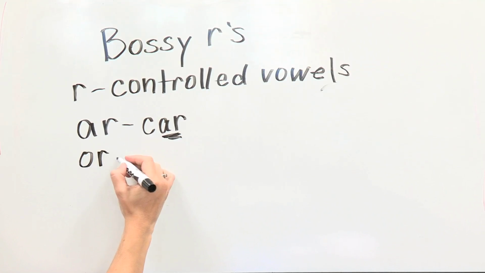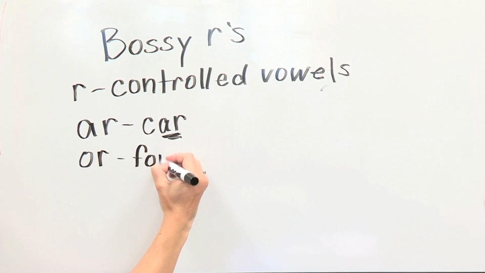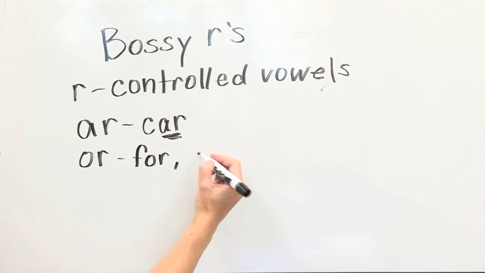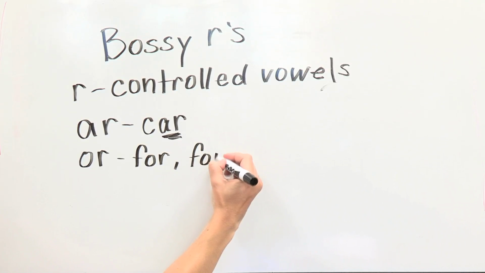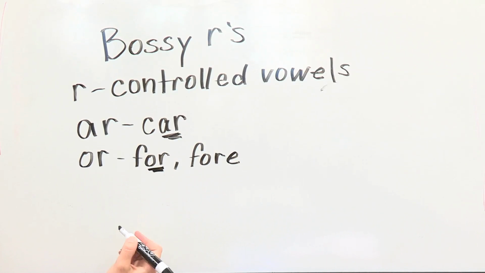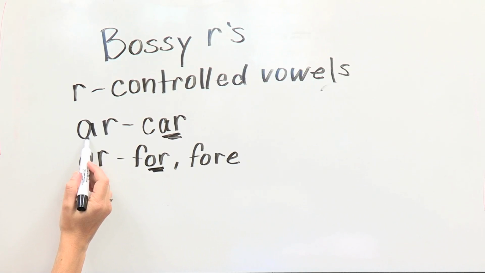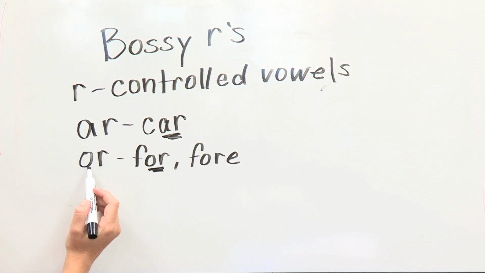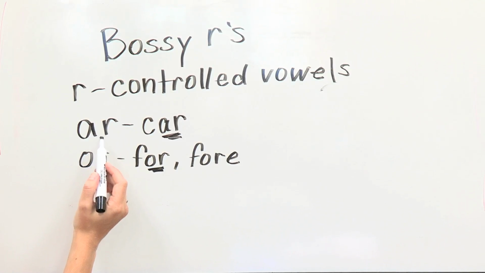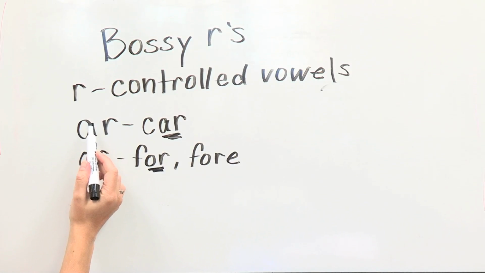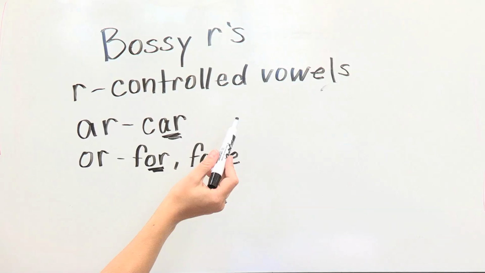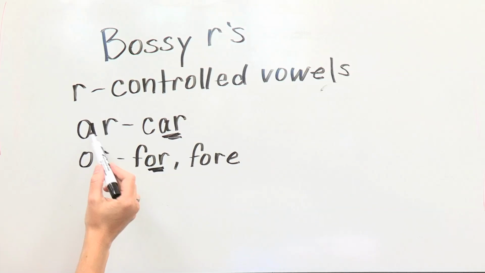All right, for example, is the word for, and you can also do ORE, as in for golf. All right, so that makes the OR sound. And if you notice, we're not saying short A, we're not saying short O. It's combined together, they make a brand new sound. So it's an R-controlled vowel. The R changes the vowel sound.